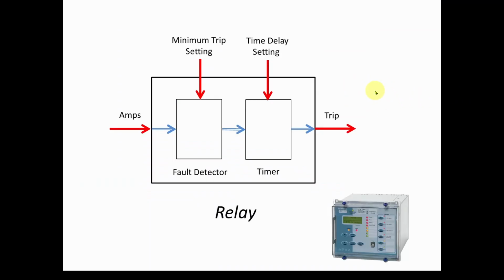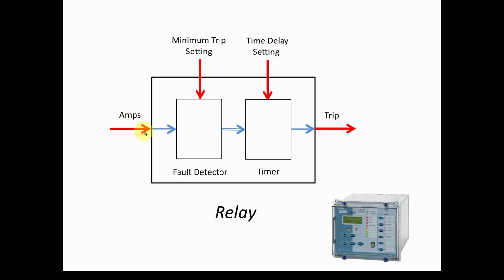So here is a simple block diagram of an overcurrent relay and how it works. What you can see here is, as we mentioned before, it monitors, in this case, the current in a circuit. You can see the amps coming in on the left, and an overcurrent relay will monitor 24/7.